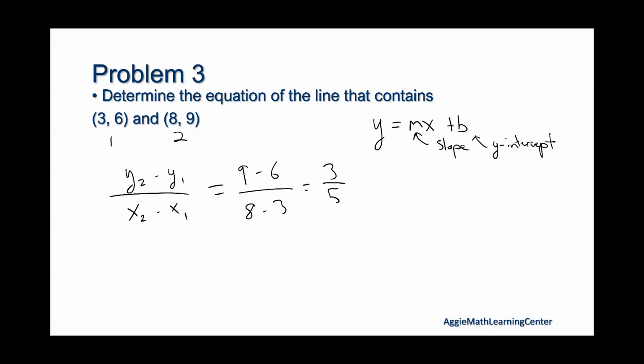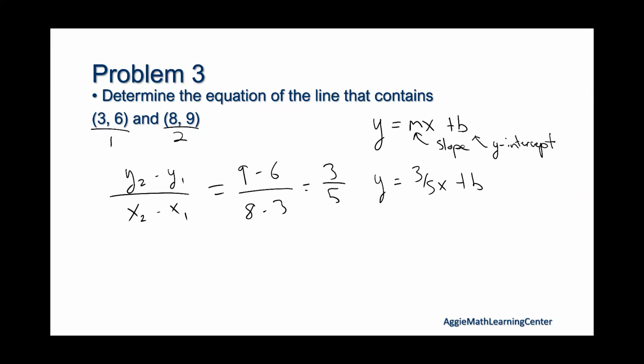Okay, so where we determined our slope, we can get at least as far as this: y is equal to 3/5 x plus some b. We're also given points that have to lie on this line. So if we plug in those x and y values into our equation, they have to work.